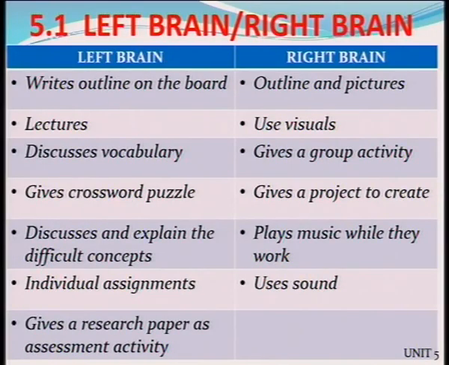Some examples for left brain learners would be to write an outline on the board. They are good with listening to lectures. They discuss vocabulary. You can give them crossword puzzles. You can discuss and explain the difficult concepts. You can give them individual assignments and give a research paper as an assessment activity.